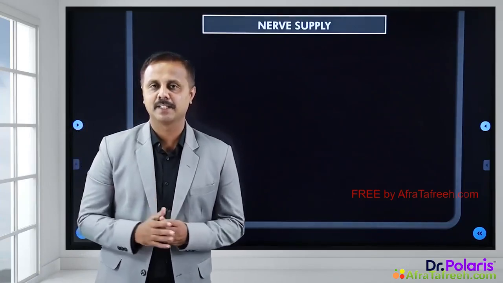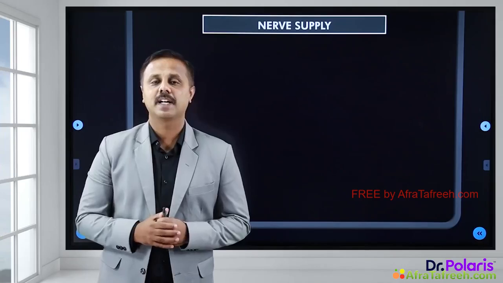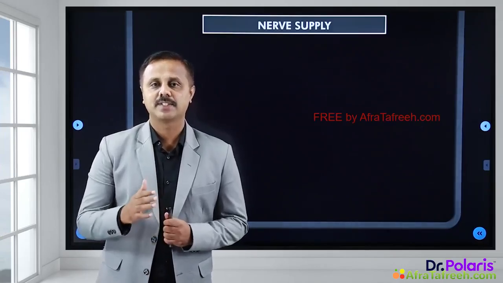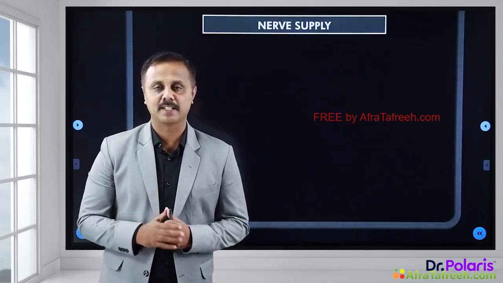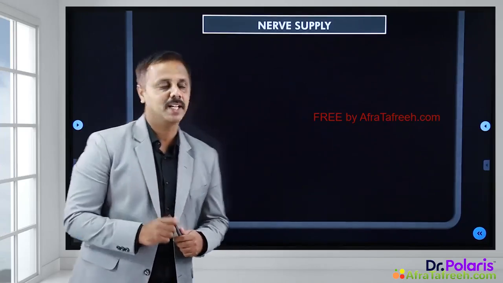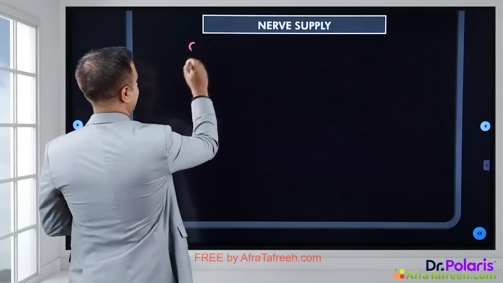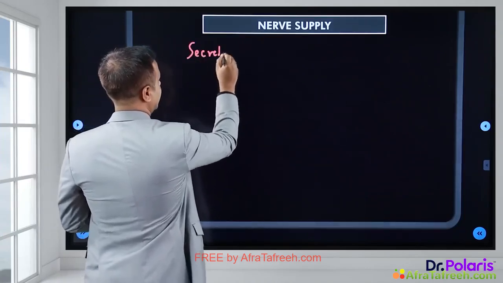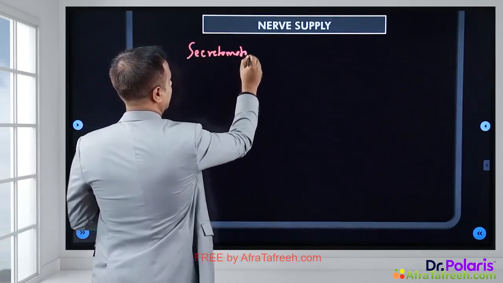The nerve supply of the parotid gland can be read and learnt under different headings. First, we'll try to understand how exactly the secretions of the parotid salivary gland are controlled, and this is controlled by the secretomotor pathway.